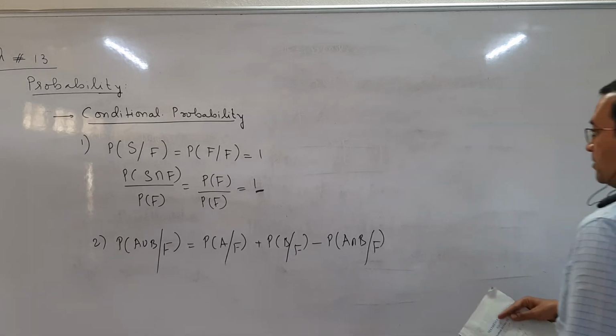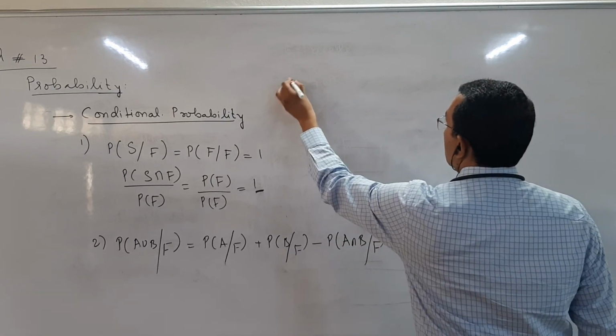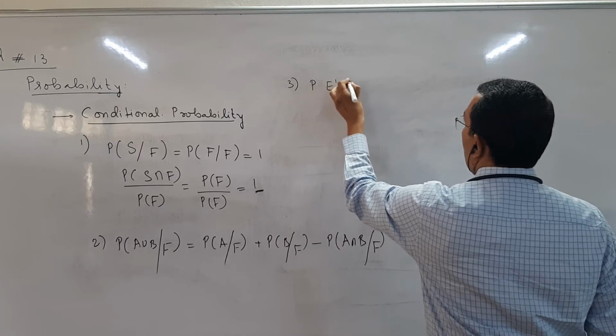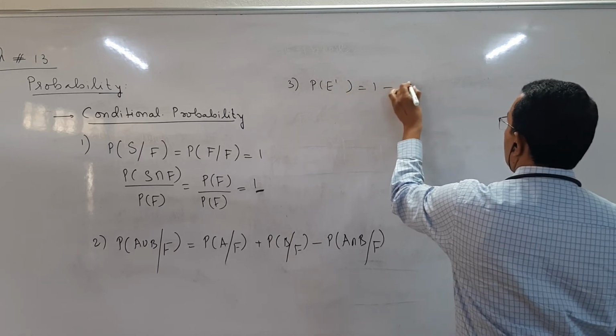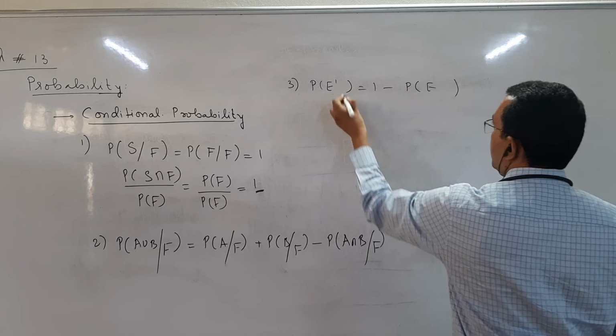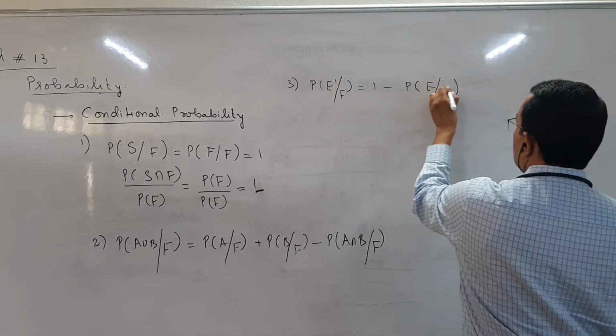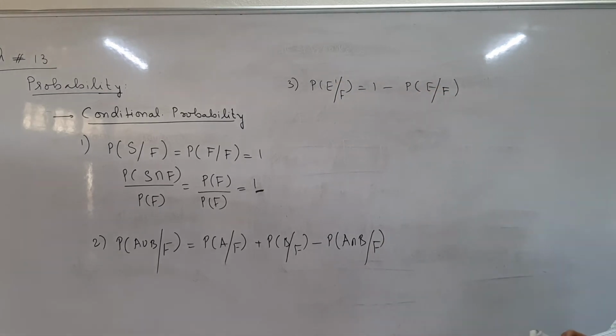Now the third property, all of you know, probability of the complementary event is 1 minus probability of that event. If this occurs under the condition that F has already occurred, then also it remains the same. So these are the three basic properties of conditional probability, students, which we have to remember and memorize.